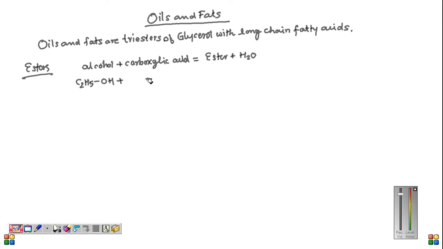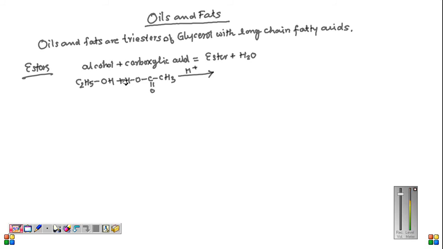It reacts with a carboxylic acid. Acetic acid, CH3COOH, is a carboxylic acid.